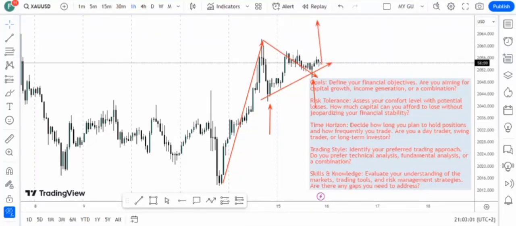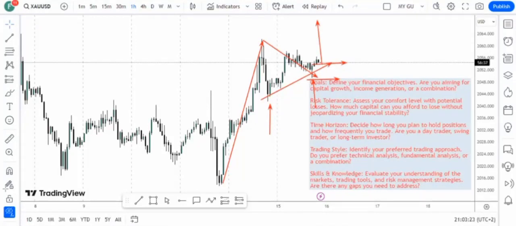So what does that mean? You can enter here and you can put your stop loss just below your low. And that can push price to go higher in the direction that you need it to. That's an understandable risk because you are aiming for more than you are aiming to lose if things go wrong.